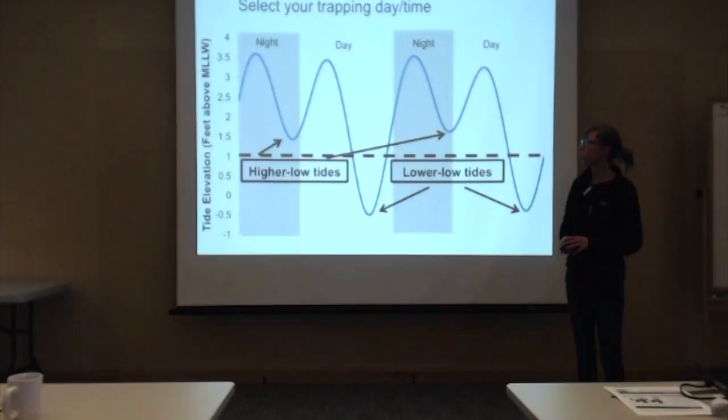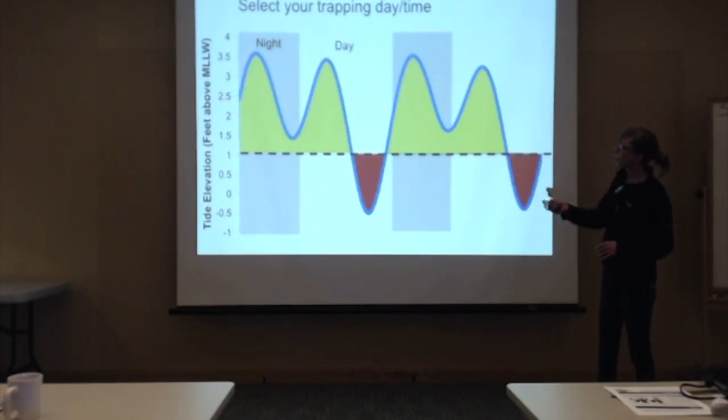But the general principle is, if we set our traps at 1 foot above mean low or low water, we have to think about what the water level will be relative to our traps across the time that we're sampling. Anytime the water is predicted to be higher than our traps, they should be underwater and actively fishing.